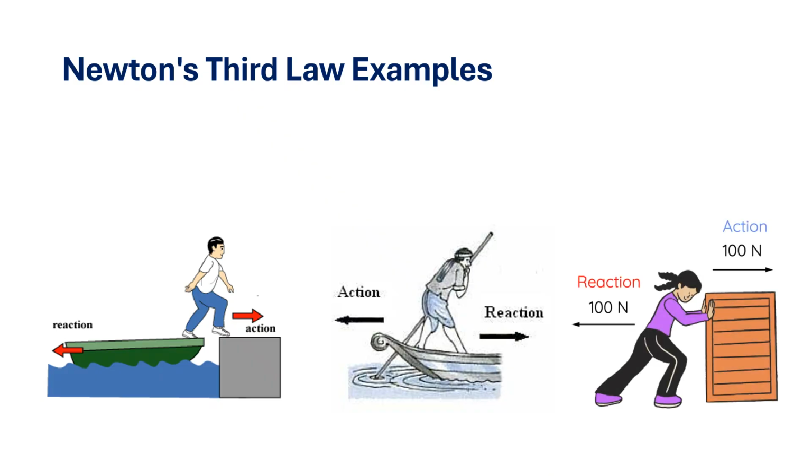Here is also an example: if you apply a force of 100 Newton on an object, there will be a 100 Newton reaction. So for every action there is an equal and opposite reaction.